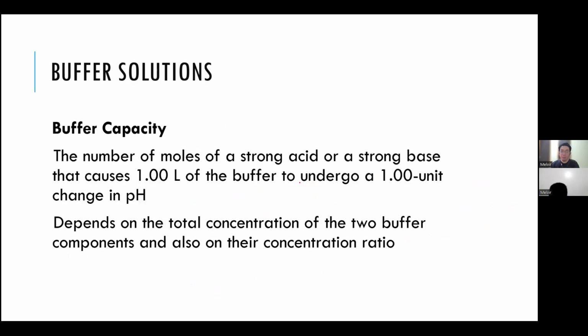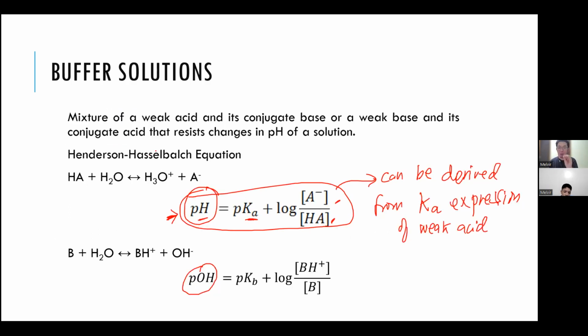So ngayon, the strength of your buffer refers to your buffer capacity, no? So buffer capacity, basically, strength lang yan ng buffer. So if you will recall, based sa formula, dito lang din yan, no, Josh? Based sa formula, kailan magiging strong ang buffer mo? Naalala mo?